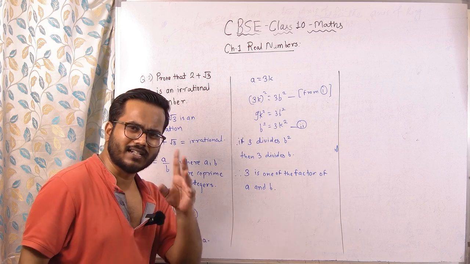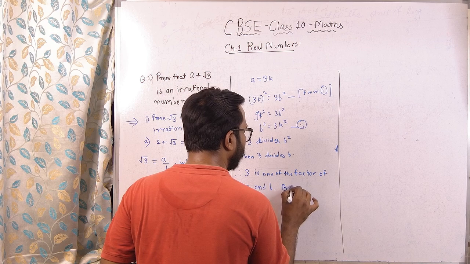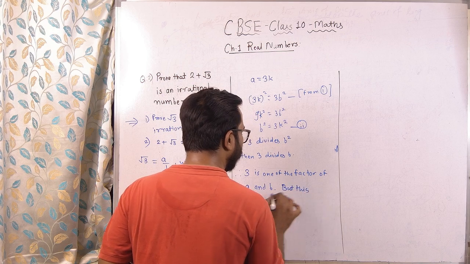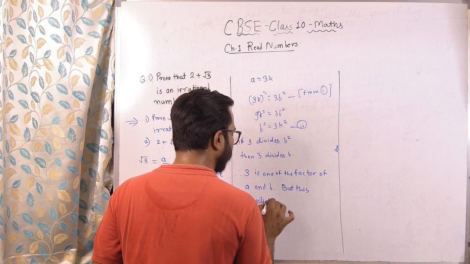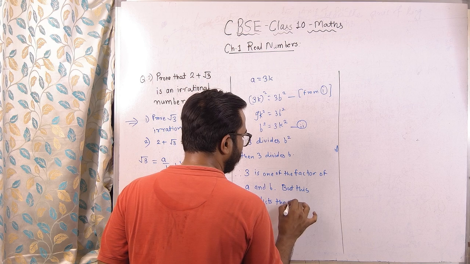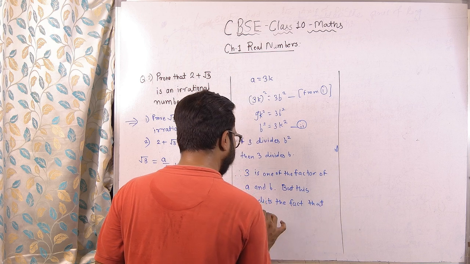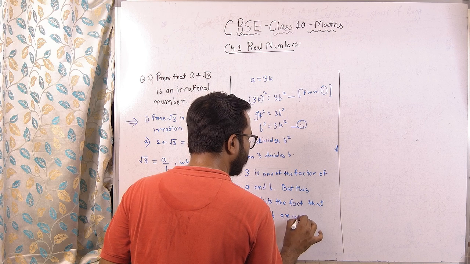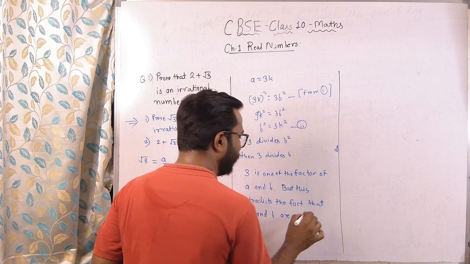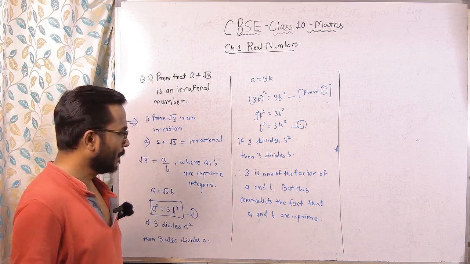But this contradicts the fact that a and b are co-primes. So we have to write that. Right, students? a and b are co-primes.